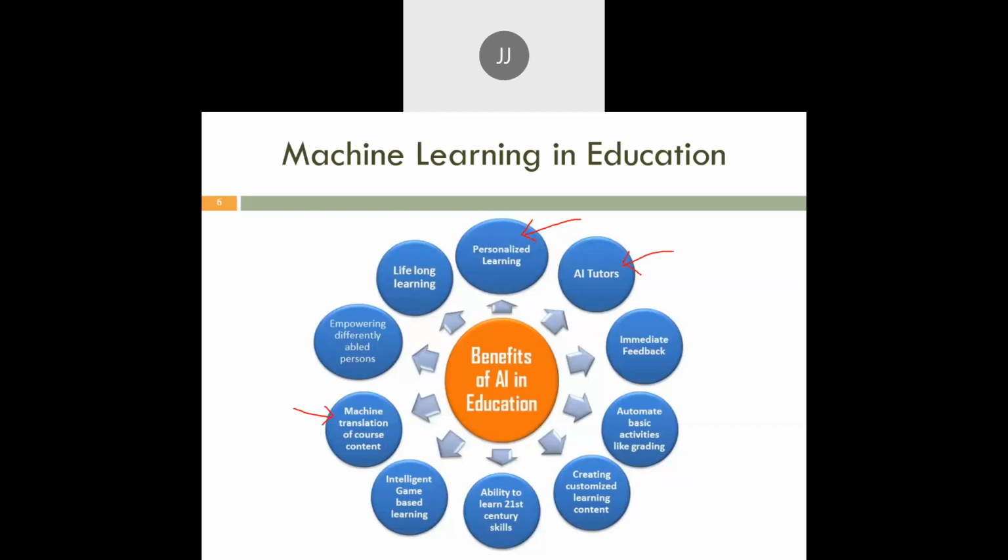Based on the question that you have, it will try to answer your question and map the closest answer that it can. Immediate feedback is similar to a chatbot. And then we also have creating customized learning content based on how fast you learn. So all of this, we could apply machine learning to improve our learning in any subject.